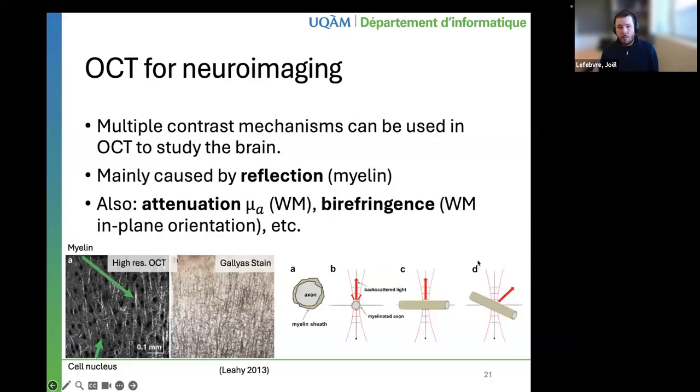There are different reasons, but mainly it's because the OCT signal in the brain is mainly driven by reflection, and the highest reflection is in myelin because of the way the myelin sheaths are organized. So without any contrast agent, with OCT, you can see myelin. That's a really good tool to study white matter in the brain.